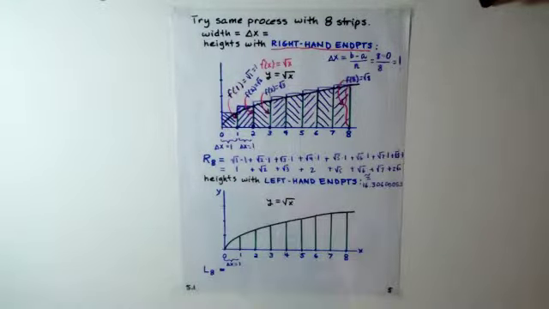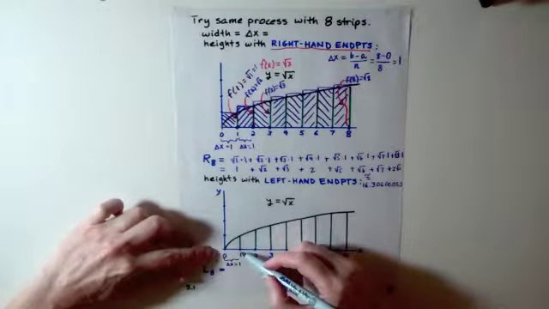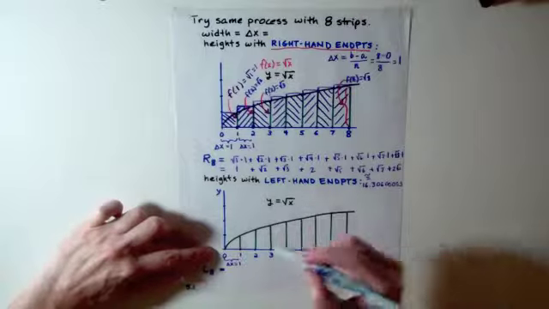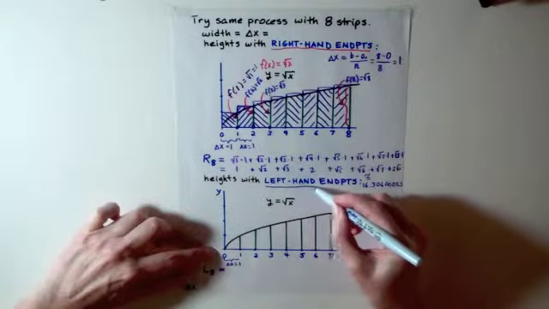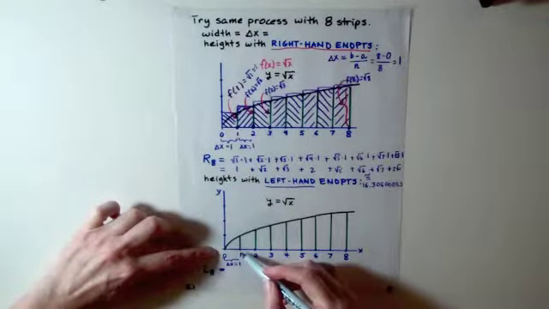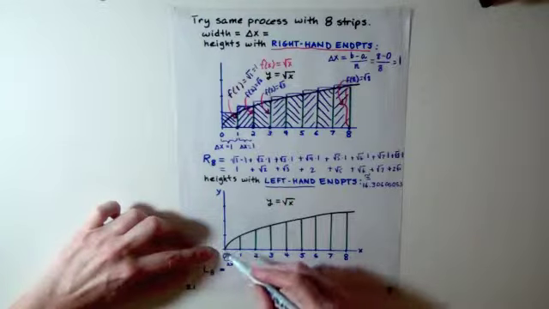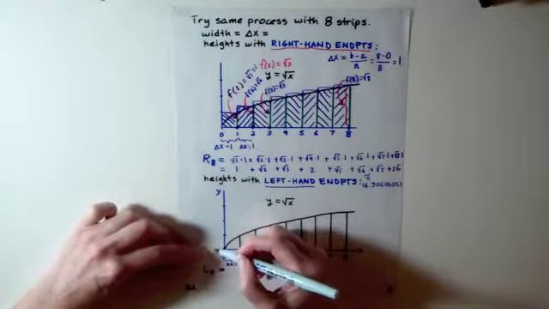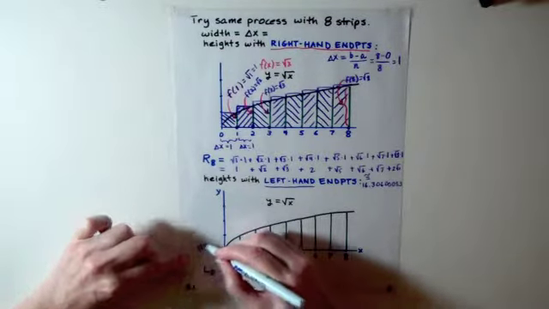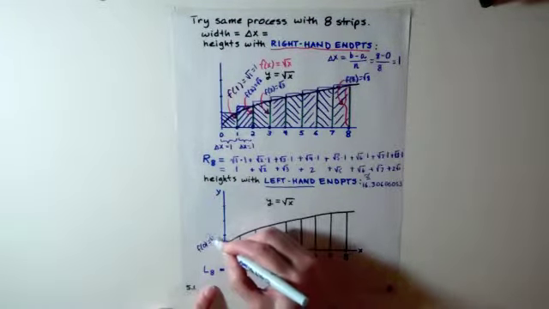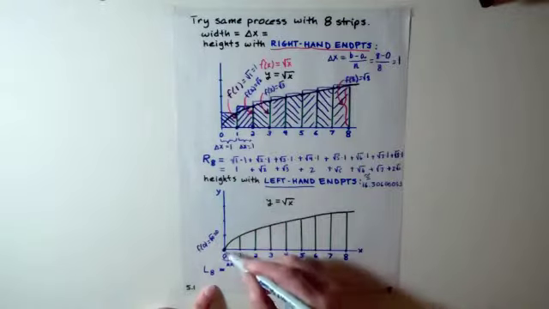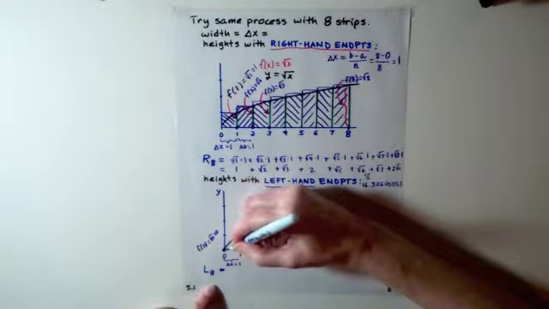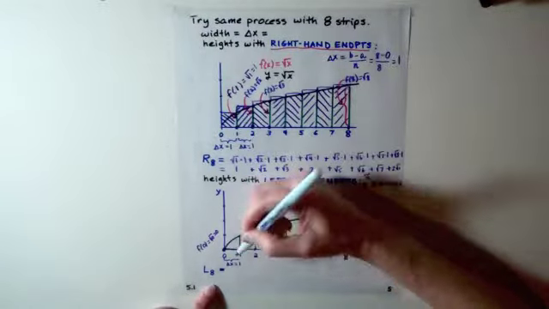But when we look at our first strip and decide where to look for the height underneath the curve, we're now supposed to use the left-hand endpoint of that interval. So I go from 0 to 1, I want to use the left-hand endpoint. That would be right here at 0, which means that if I plug 0 into my function, f of 0 would be square root of 0, or 0. So this rectangle has a height of 0. So I don't go up at all to create my rectangle.